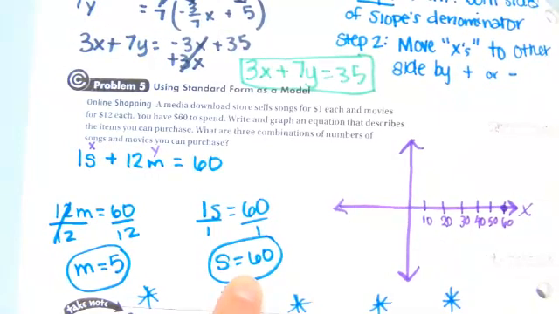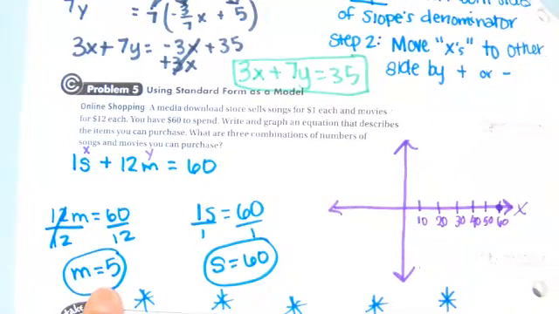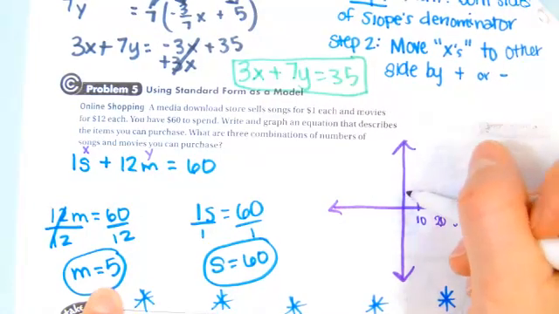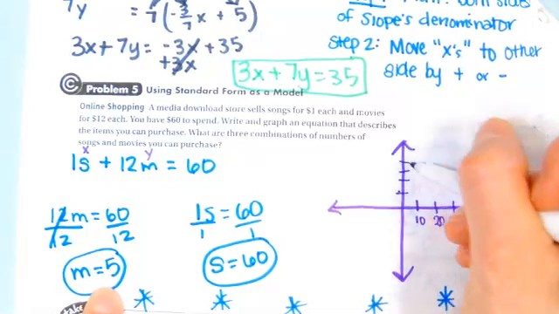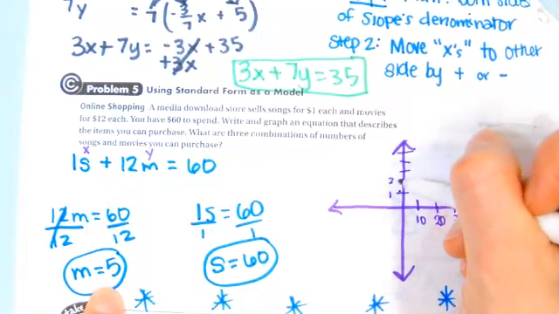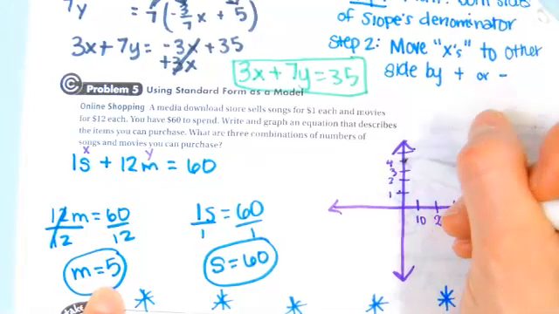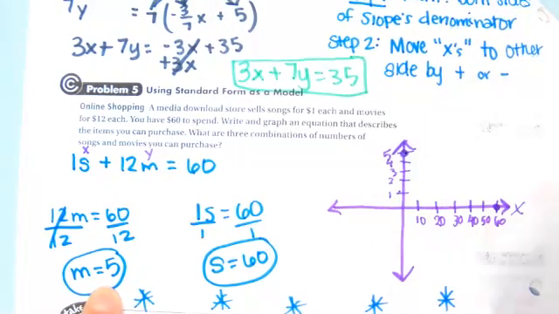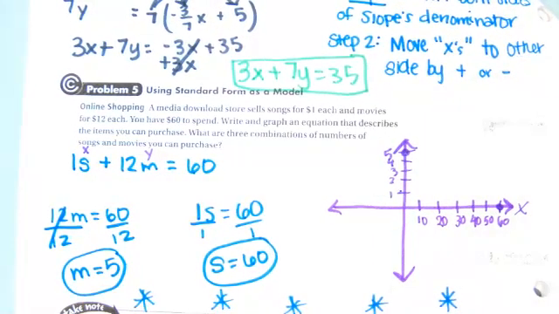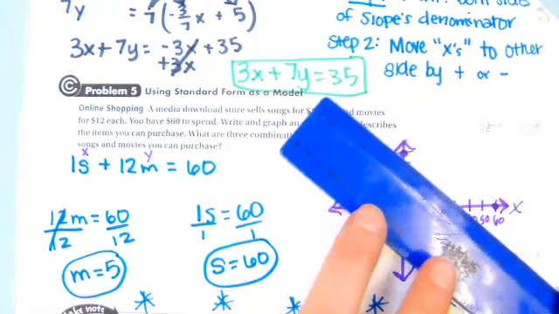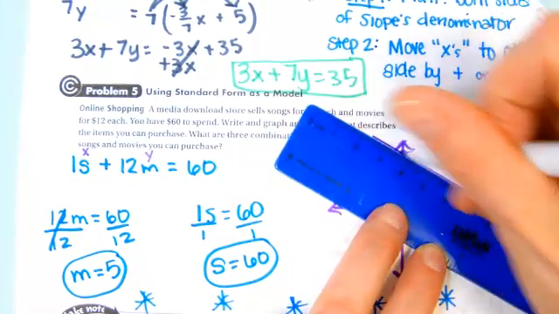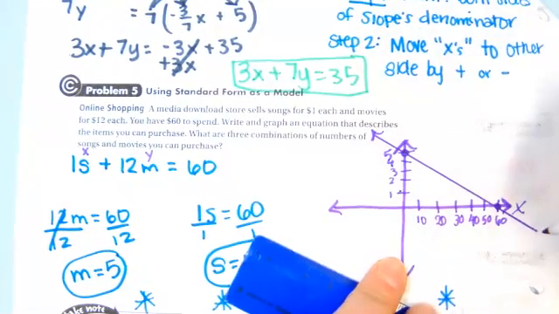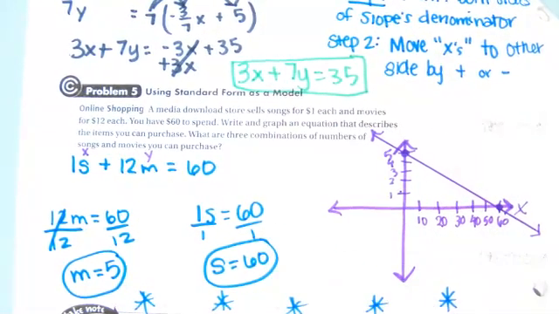What's my y-intercept then? 5. All right. And so in this case, I'm going to go by ones, but I'll label it. If you change your scale, you can do that as long as you label it. And then you draw your graph. That's what you do. It's actually easier than trying to find slope and y-intercept here to graph it.